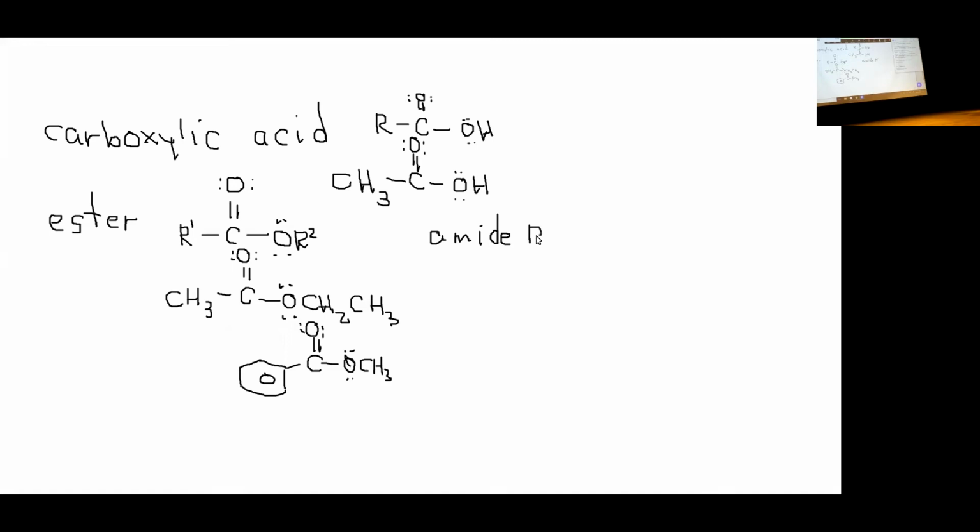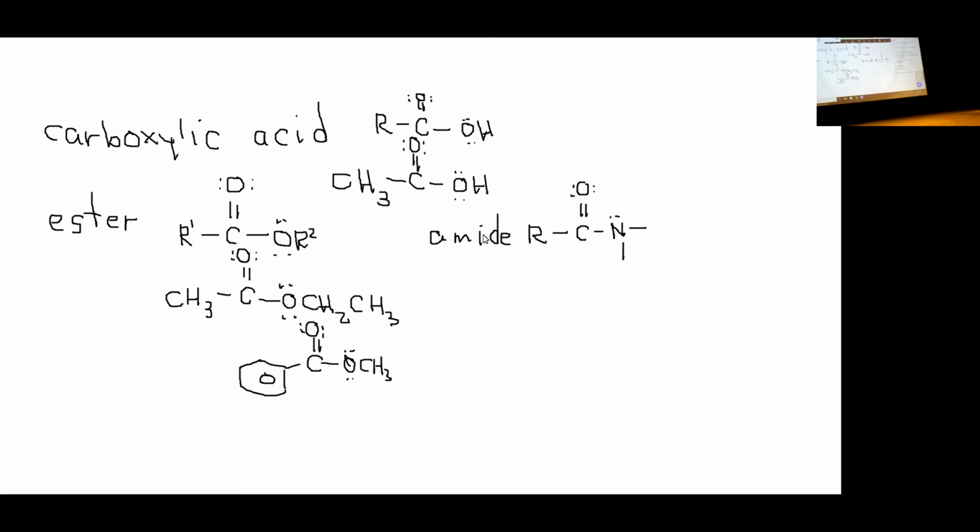But I think the best way to define an amide is that you've got a carbonyl with an R group on one side and a nitrogen on the other. And just like in amines, these two other bonds to nitrogen can be either hydrogens or carbons, doesn't matter.